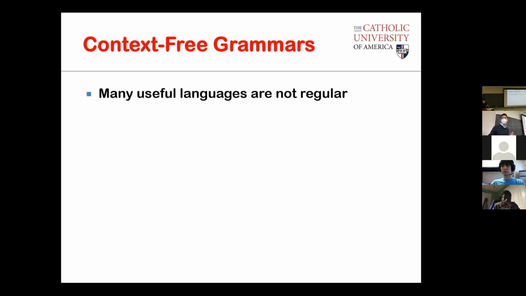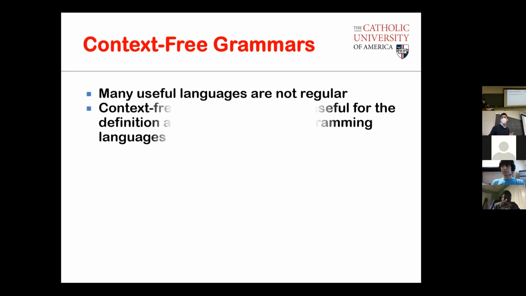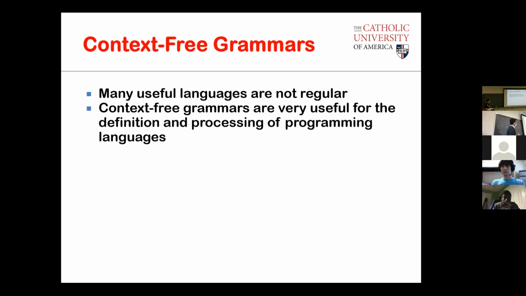And context-free grammars are very useful for defining and processing programming languages, which you're going to learn in 370, the concepts of programming languages. You're going to learn Java, C++, Python.